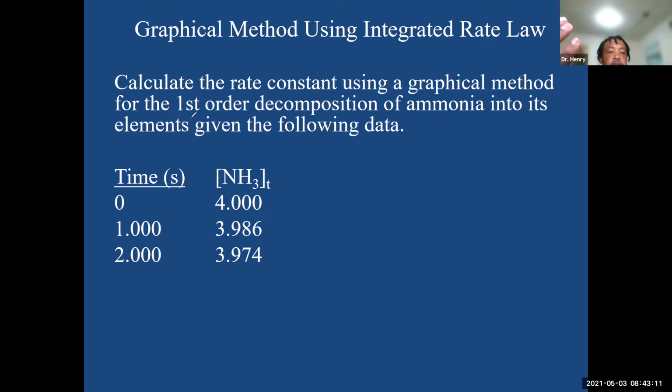So they're letting us know that this is a first order reaction. So we can graph this information to determine our rate constant, because we know that our first order reaction is going to be ln A T over A naught equals KT, right?